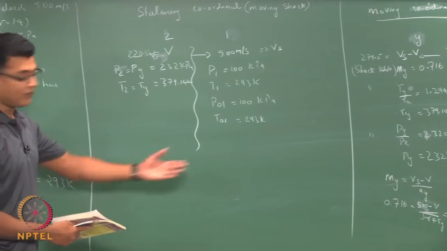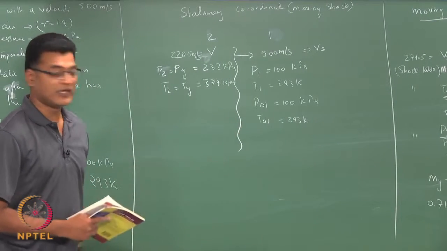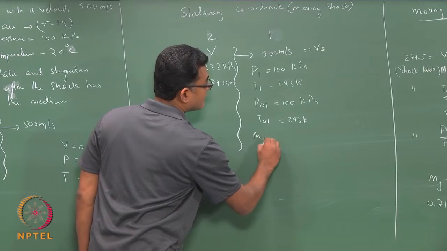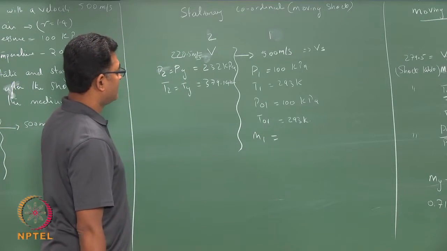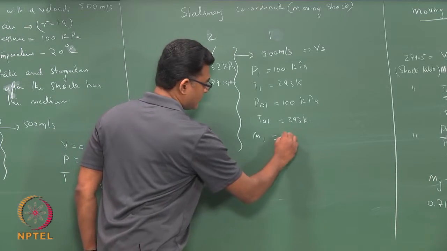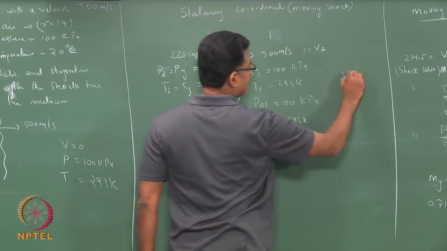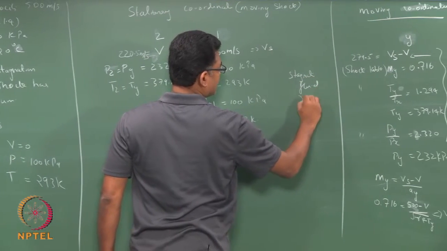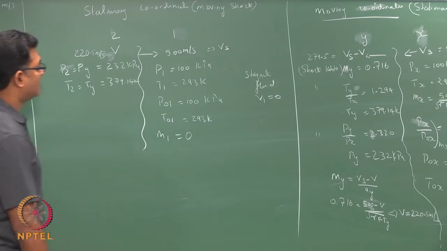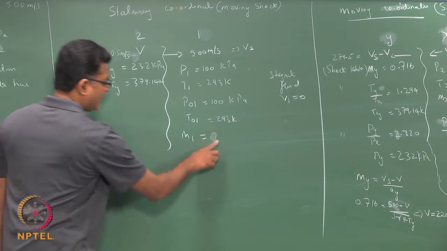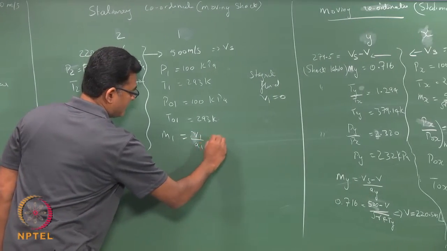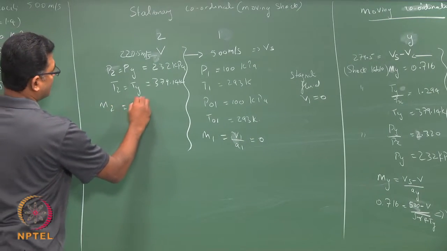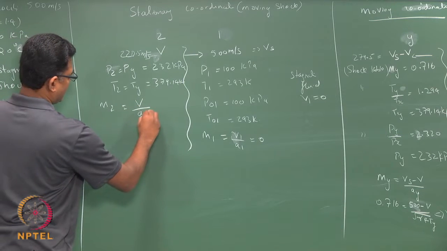Okay. So these things we have obtained from the other value, from which I can find my M1, which is 0 because V is stagnant fluid here. So my V1 is 0, so V1 by A1 is 0, but my M2 is V by A2.